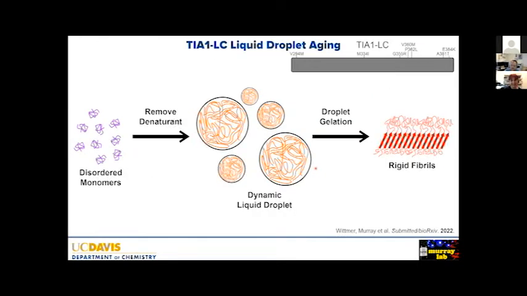So to compare the seeded fibril preparation, which didn't go through a liquid droplet state, we decided to prepare liquid droplets and allow them to age, and then characterize their structures using solid state NMR. And we expected them to look very much the same.